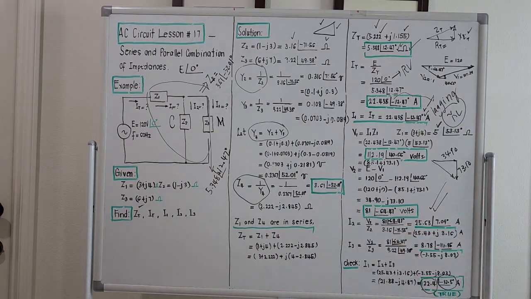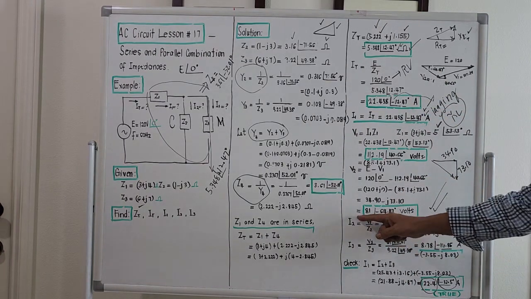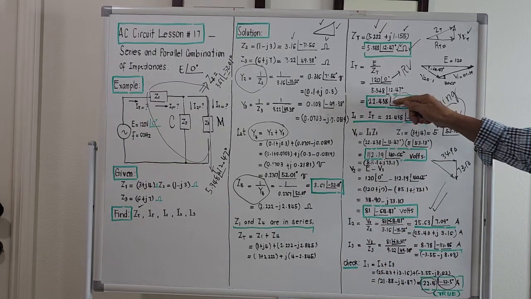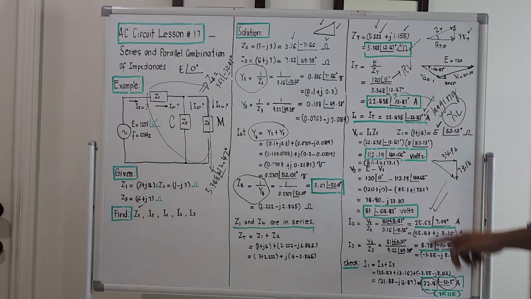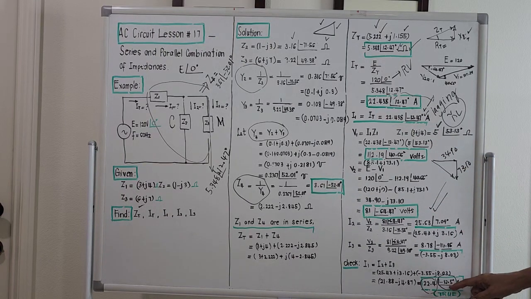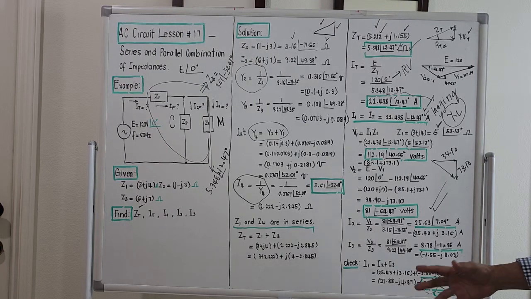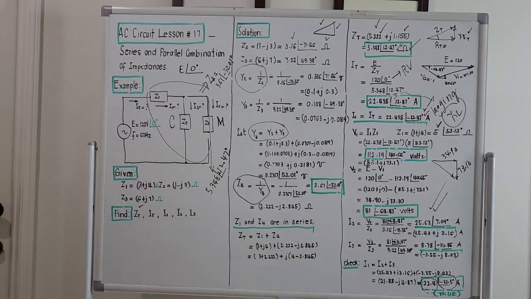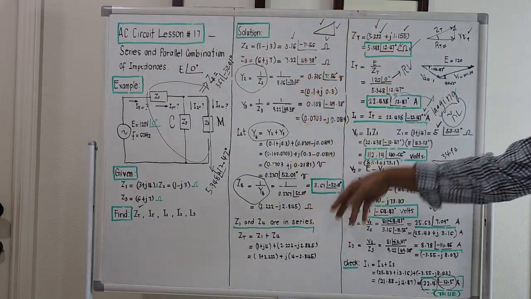And as you check, we add the value of I2 and I3, and what comes out is almost equivalent to this. It is approximately 22.4, negative 12.5 degrees amperes. Magnitude is almost the same except for the accuracy. The angle, negative 12.5, this is negative 12.47. They are correct. So all these portions of the solution is correct.